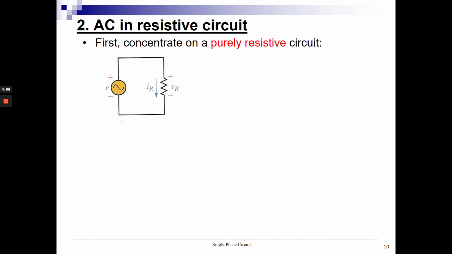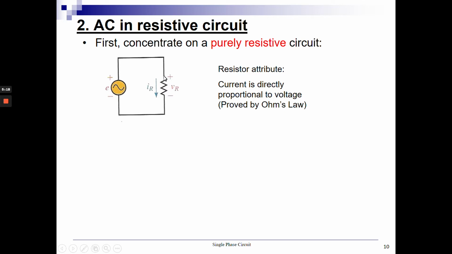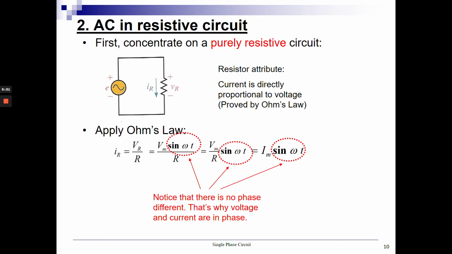Okay, so the second subtopic is AC in resistive load, where the circuit only has a resistor as the load. This is your power supply, and this is your load, which is a resistor. As you know, Ohm's law states that current is directly proportional to voltage. So you apply Ohm's law, V equal to IR.